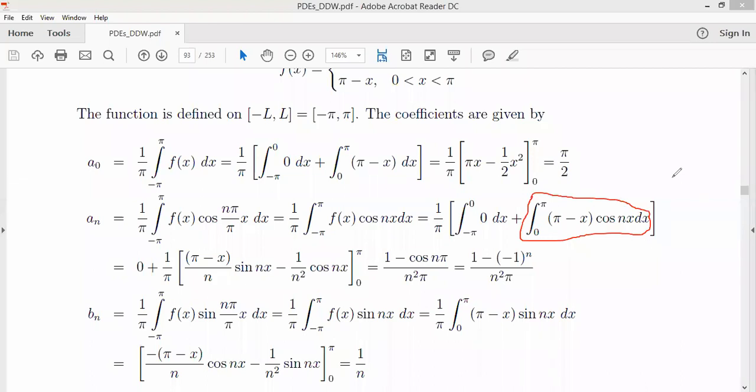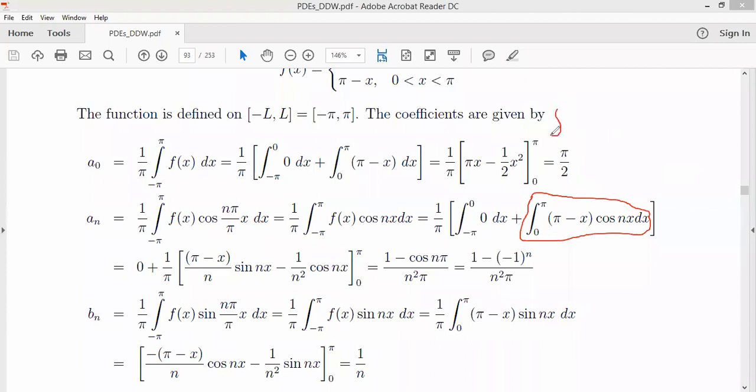What is interesting about this is we are dealing with two terms. Remember the integration of this is integration by parts.